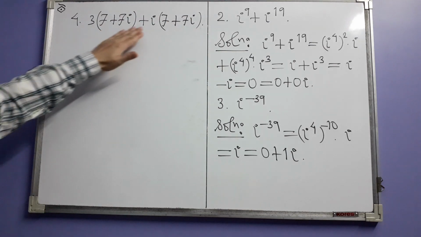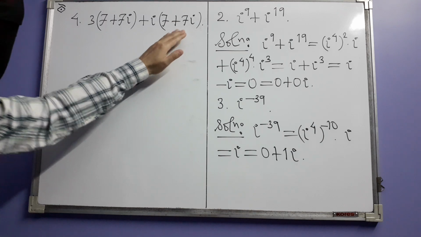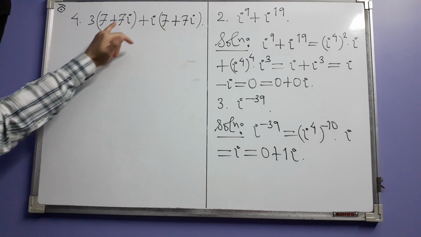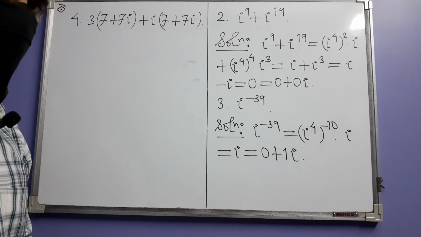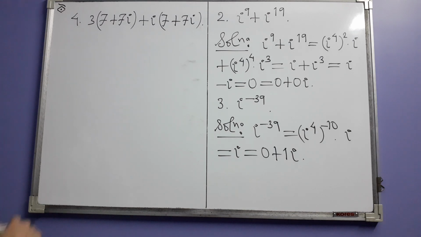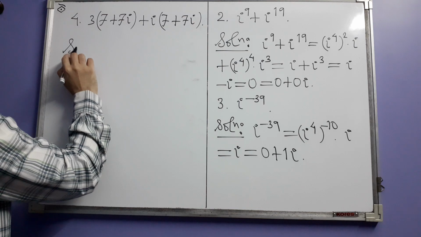When you look at an expression and you see the same term, the same number 7 plus 7i, there is the temptation to take this common out and write 3 plus i. That won't give us anything because we want to ultimately do the calculation. So that will take us backwards.